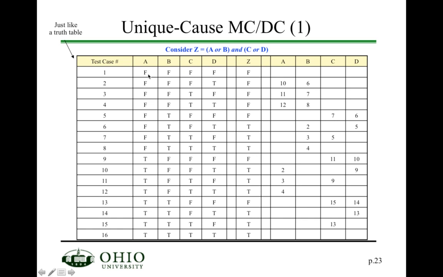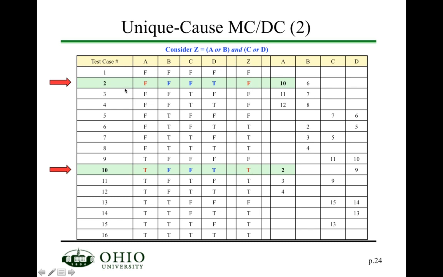If I look at condition A, I can find 2 test cases, in this case 2 and 10, in which B, C, and D stay constant at false, false, true, but just by changing A, I can change the output Z.